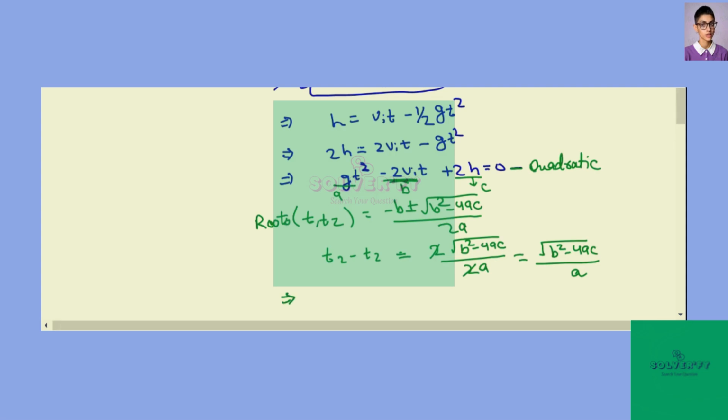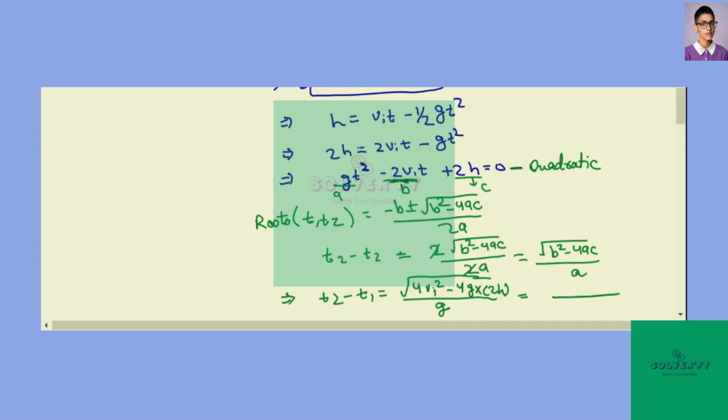So t2 minus t1 will be, with a equal to g, root over 4 vi square minus 4 into g into 2h.